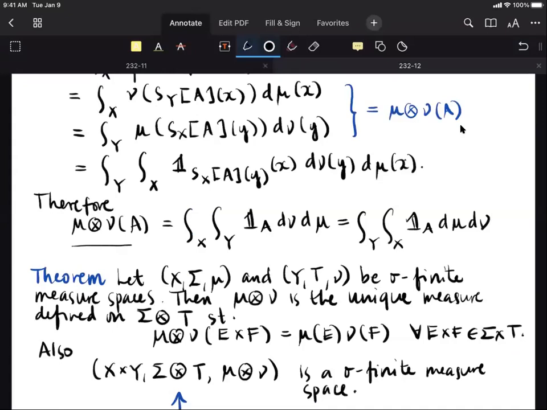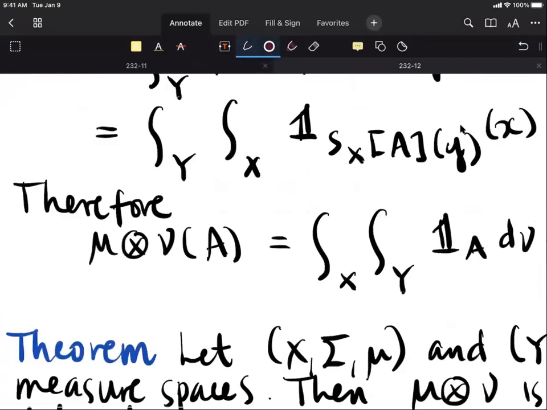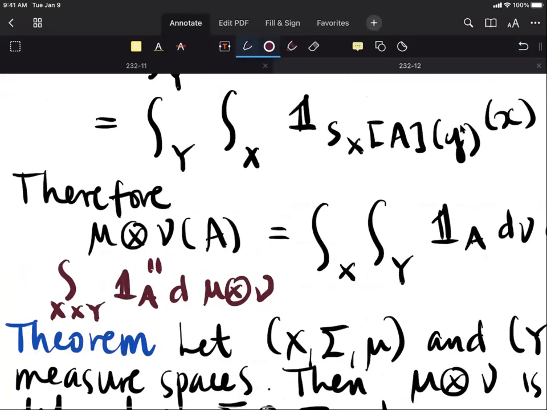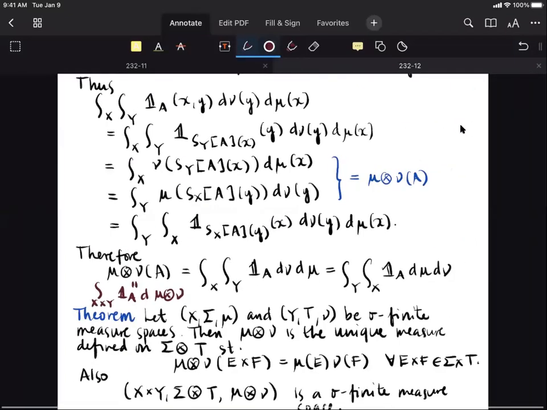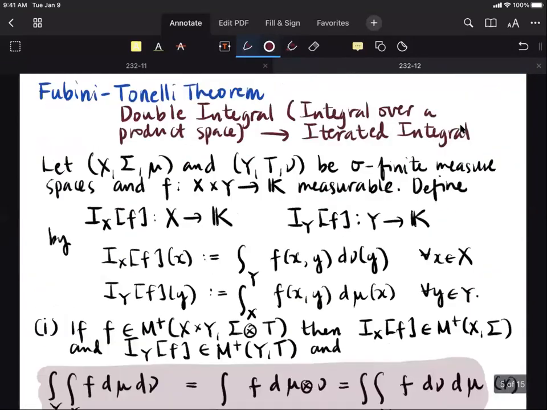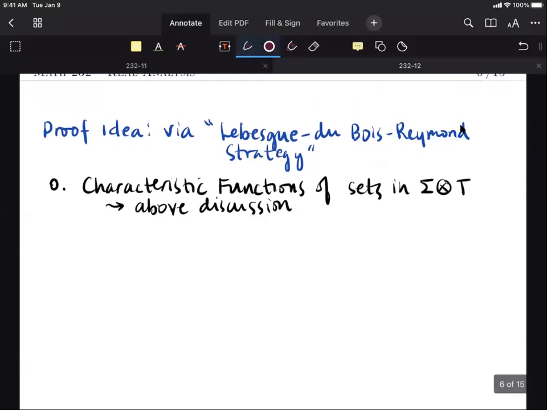And I take note that this can be written as the integral of the characteristic function of A with respect to the product measure by the definition. So here you can write the double integral as an iterated integral, and the order is immaterial. So that's the first step.